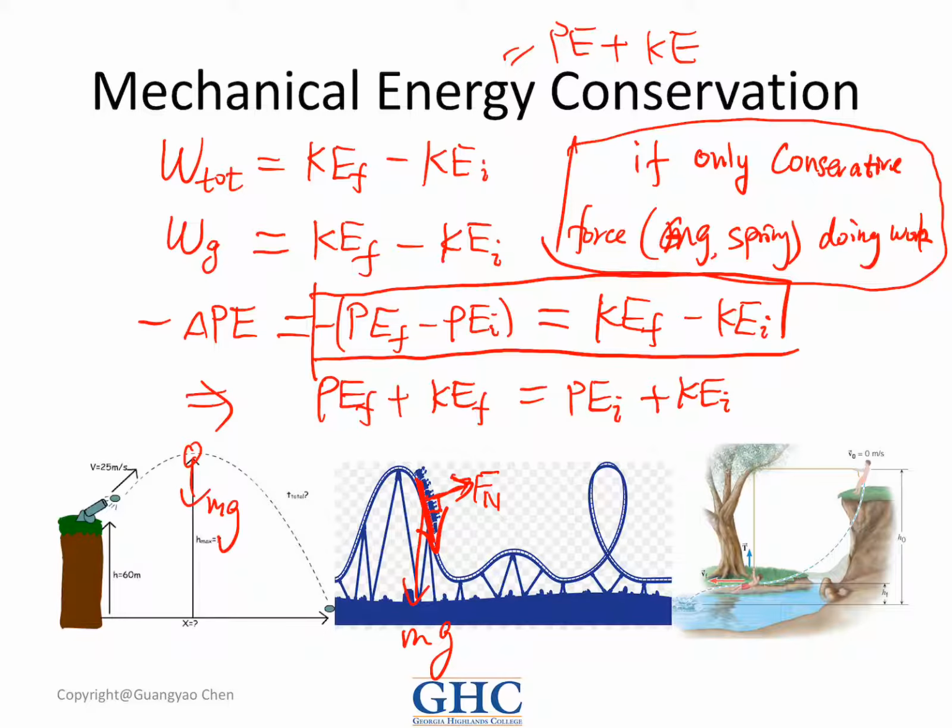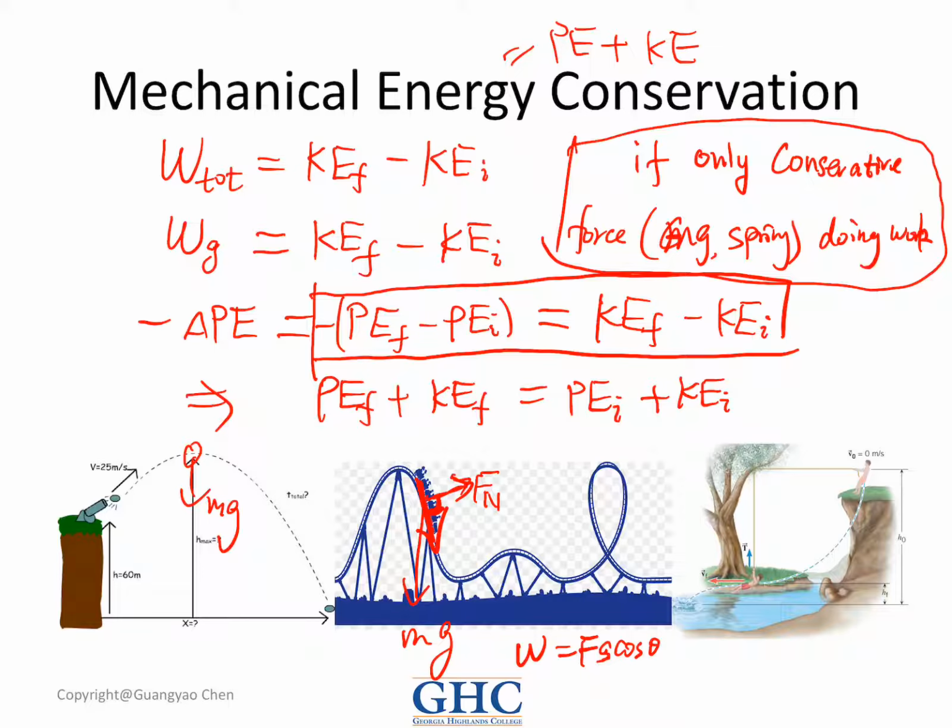So the angle between displacement and the normal force is always 90 degrees. Because work is F times displacement times cosine of the angle between force and displacement, if this angle is always 90 degrees, the normal force doesn't do any work. So for the roller coaster, if we neglect friction, mechanical energy is also conserved.